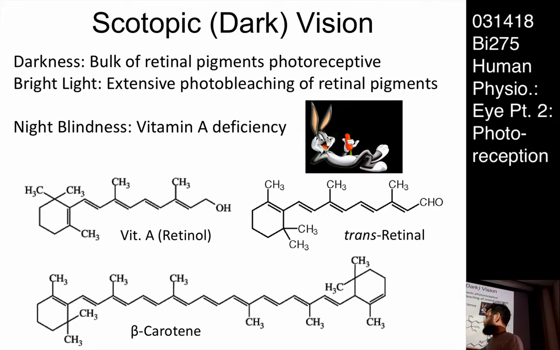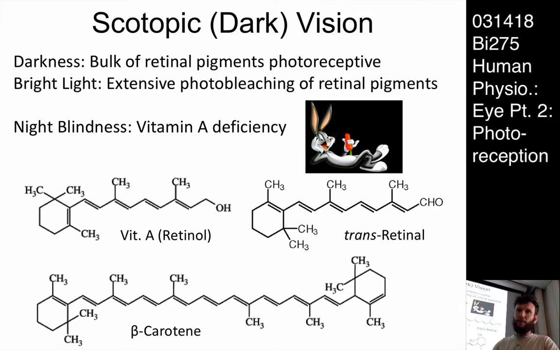Retinol, vitamin A, the biggest source in our diet is actually from beta-carotene. Beta-carotene packs a whopping punch of vitamin A because for every molecule of beta-carotene, we get 2 molecules of retinol. We essentially just take this double bond right here in the middle of beta-carotene and hydrolyze it.